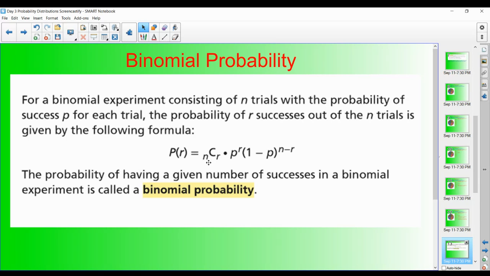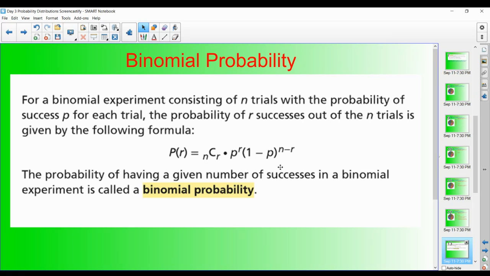How many times are we doing this? r is how many times we want to be successful. And p is the probability of success, and 1 minus p is the probability of failure. So these are the complements. And if we have r successes, the remaining have to be failures.